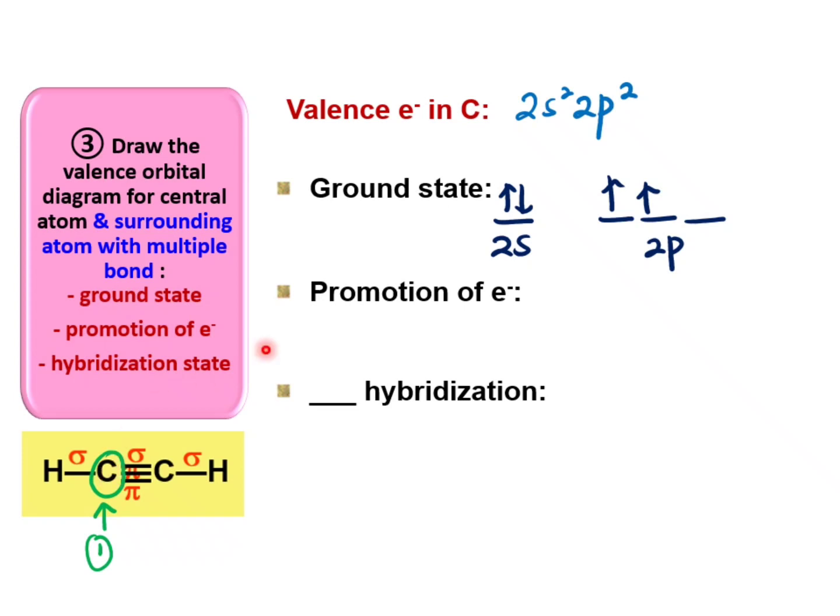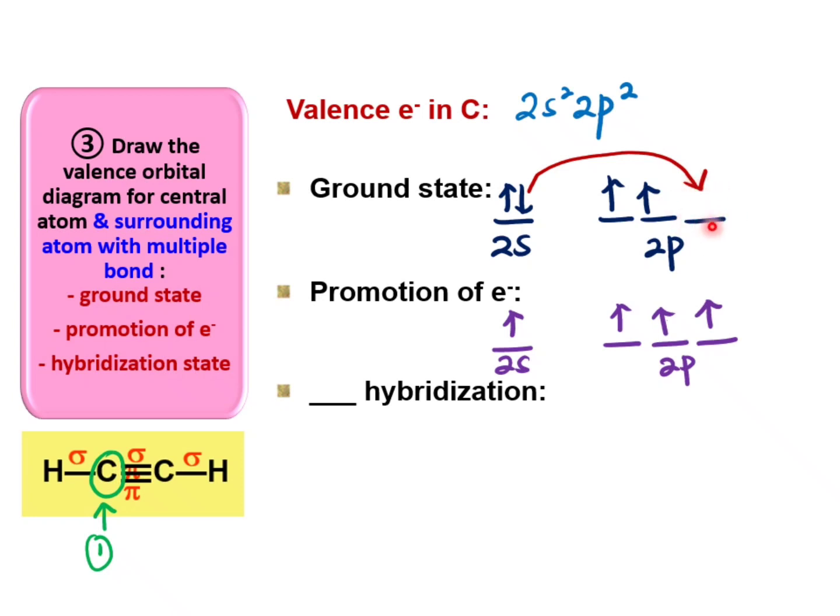So what we need to do with this electron yang berpasangan, kita kena buat promotion of electron. So you need to promote this electron to this orbital. So dia akan jadi like this. Okay guys, so kita dah promote satu elektron ke dalam orbital yang kosong ni kan.